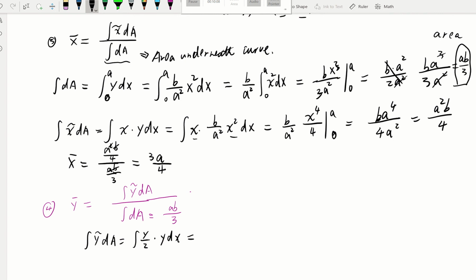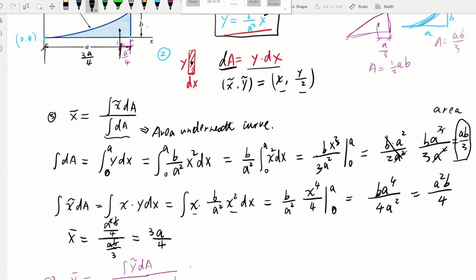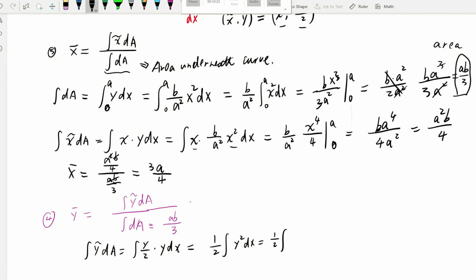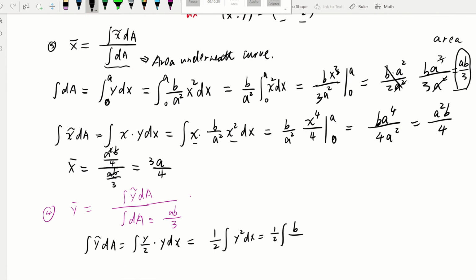Okay, so knowing that, we can take the half out because that's a constant, we will have y squared dx. For y, we have this expression here. It's going to be b over a squared as a coefficient, and then power of 2. It's a parabola curve. And that's just y. And then we're going to square it, dx.